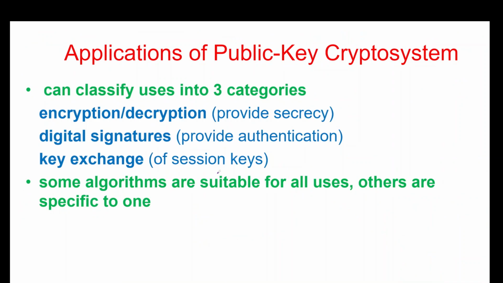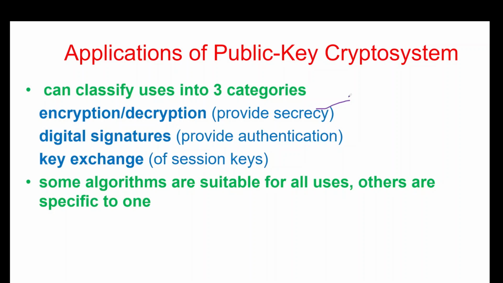Now, let us see where we can use this public key crypto system. There are three major categories of applications. First, encryption and decryption, for secrecy. If I want to send a password or an OTP to you, I need to send it confidentially, so I can use encryption and decryption with the help of the keys. Second, authentication. It's like a digital signature.